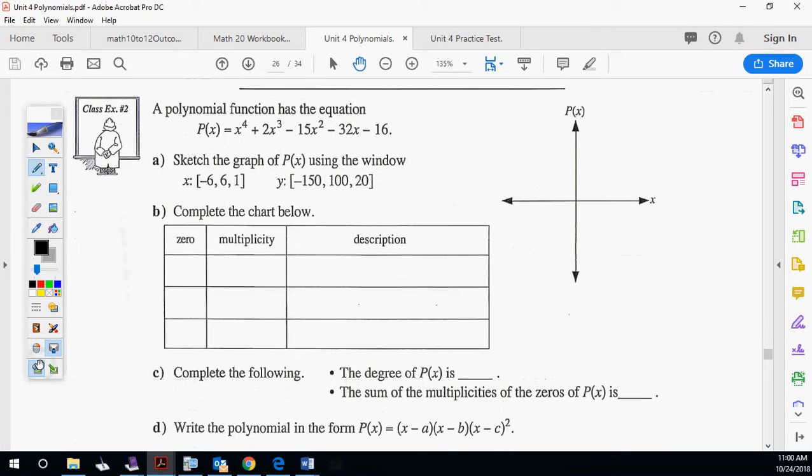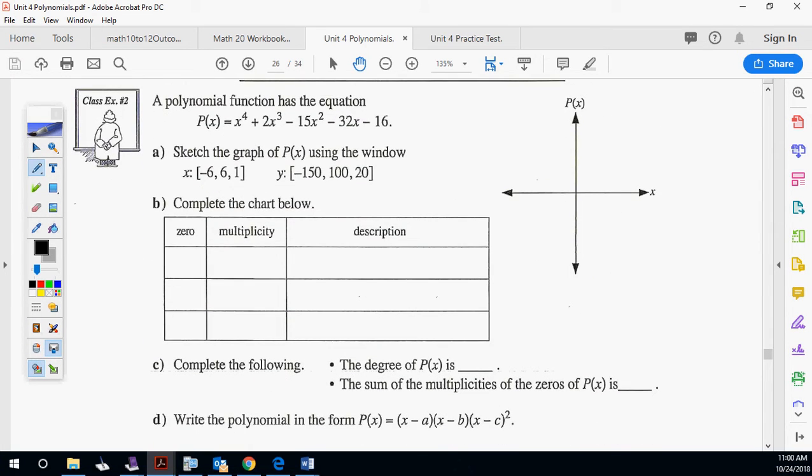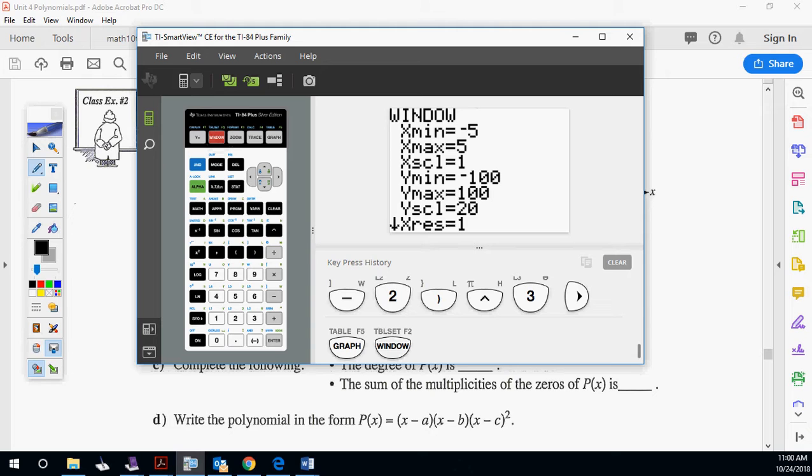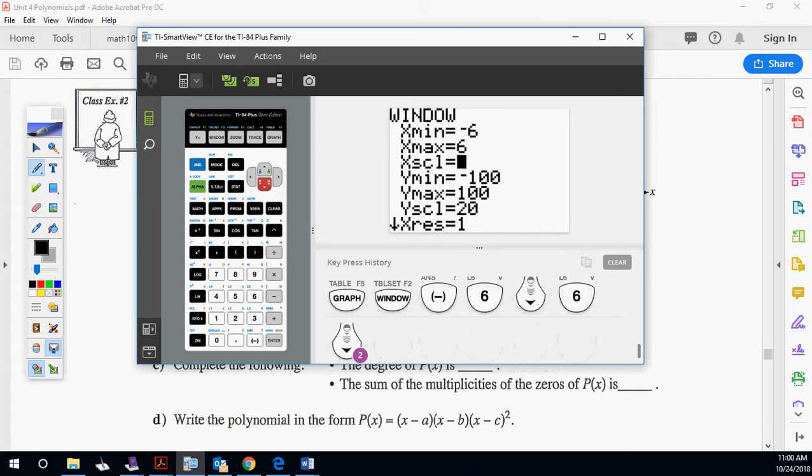X to the 4th. Okay, x to the fourth here. Let's go ahead and put the calculator together. I'll see if I can do this correctly for once. All right, so the window, they want us to change it to negative 6, and they want us to go negative 150 to 100. So we're at 100 already, and then negative 150. And they want us to scale 20 still, which we have.